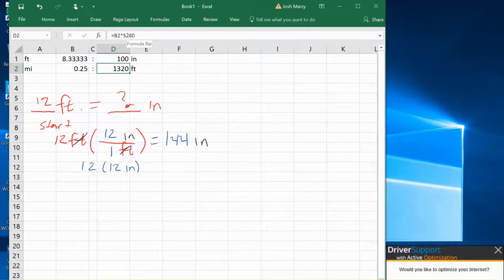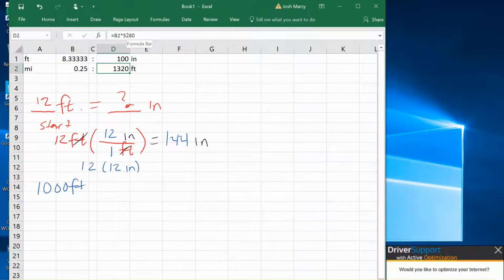This method of setting it up is so useful because sometimes we don't really know if we are multiplying or dividing, or quite a few steps. So let's look at one more. Now this one I'm going to do where there's more than one conversion. Let's pretend I can run 1,000 feet in 1 minute.